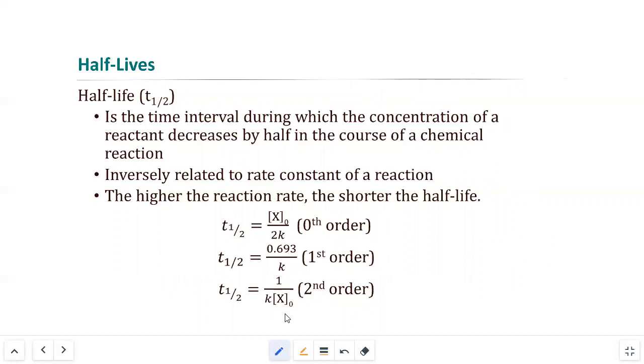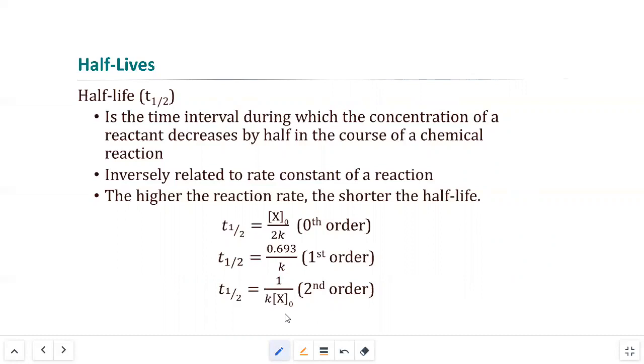In general broad terms, half-life describes the amount of time it takes for half of a reacting species to react. And depending upon what kind of reactant we're dealing with, the half-life, or shelf life, varies.